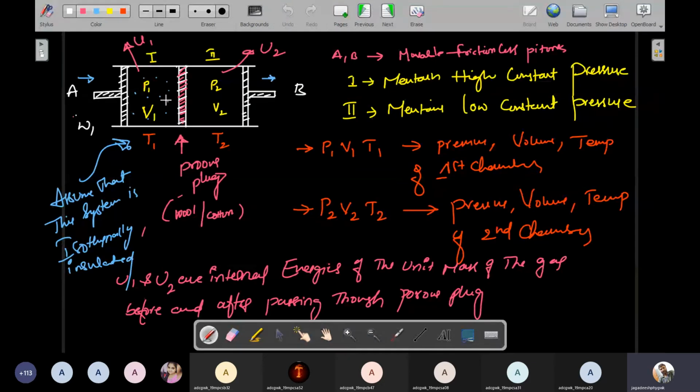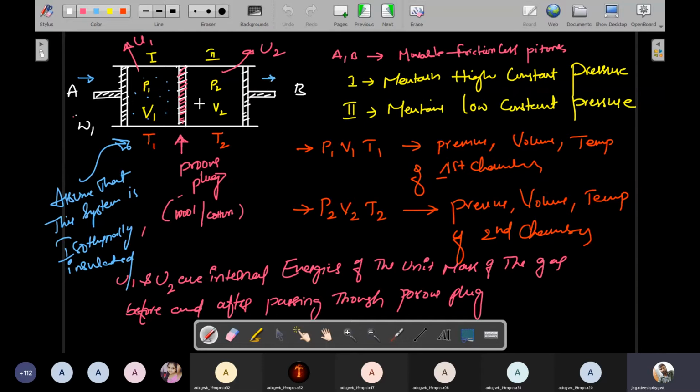So in this experiment, in the first case, at below Boyle temperature, there is a difference between these two products. That means the product in the second chamber is always greater than in the first chamber, at below Boyle temperature.